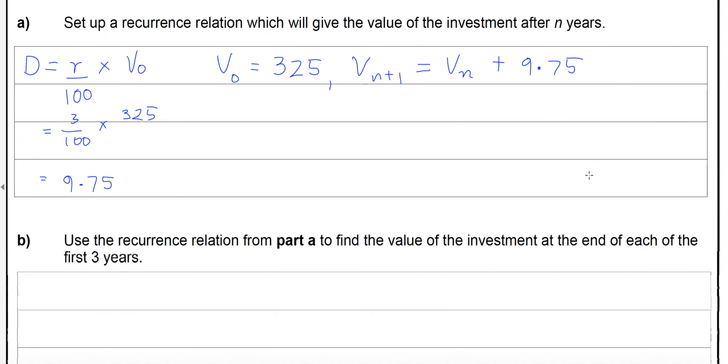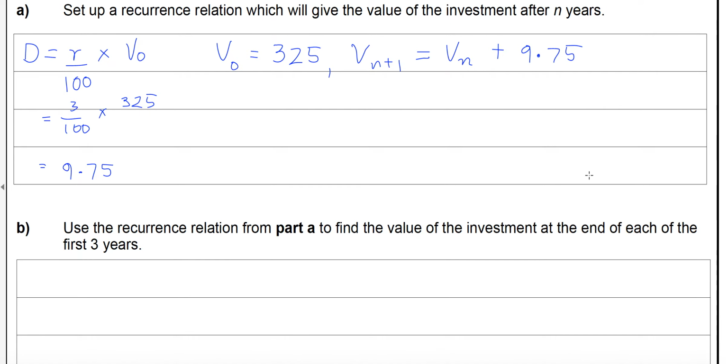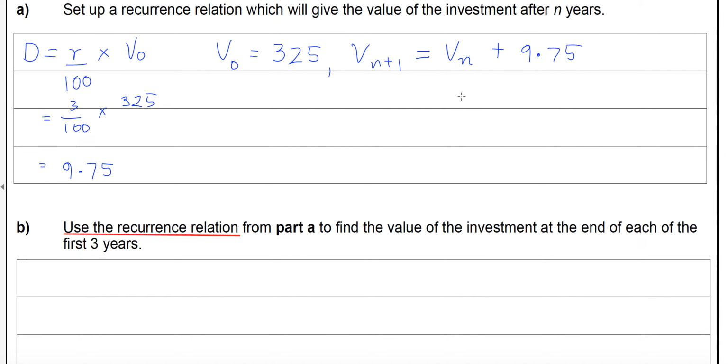In the next question, you'll see that we're going to use that now to find the value at the end of each of the first 3 years. Now, since it says here, use the recurrence relation, I'm taking that as meaning use recursion. So demonstrate using recursion how we get these values year on year.